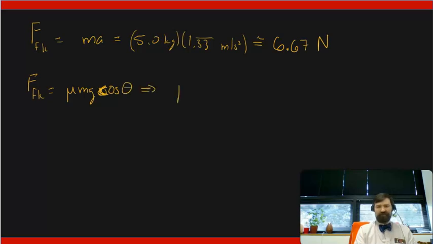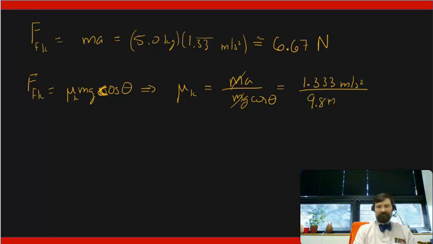And so what that means is that we have mu kinetic, the thing we're looking for, is equal to ma divided by mg cosine theta. The two m's actually cancel, and so we're left with 1.333 meters per second squared divided by 9.8 meters per second squared times the cosine of 0 degrees.